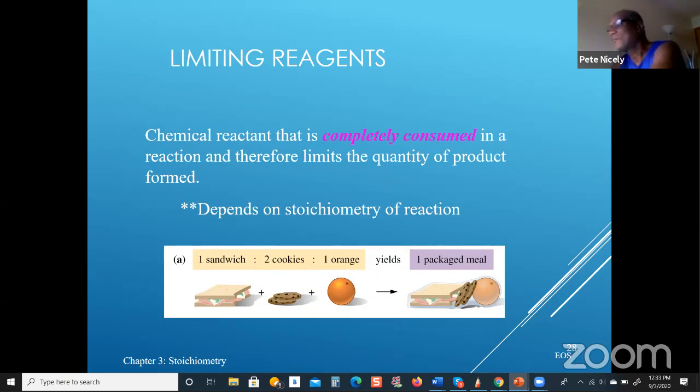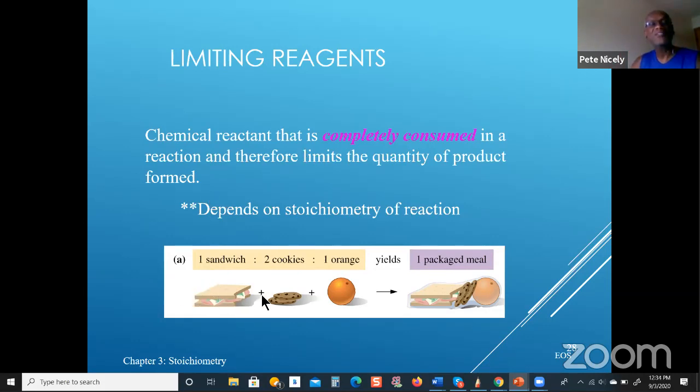So that means that in those situations, one of the reactants will be completely used up and the others will have some excess left over at the end of the reaction. So the reactant that is completely used up is called a limiting reactant, and the other reactants are called the excess reactants. Now, to illustrate this, we're going to use this example of somebody given the task of preparing a packaged meal based on the combinations that you see here.